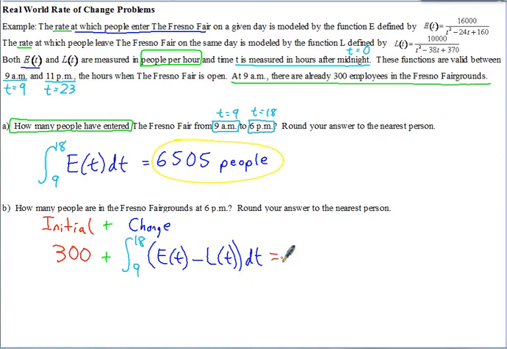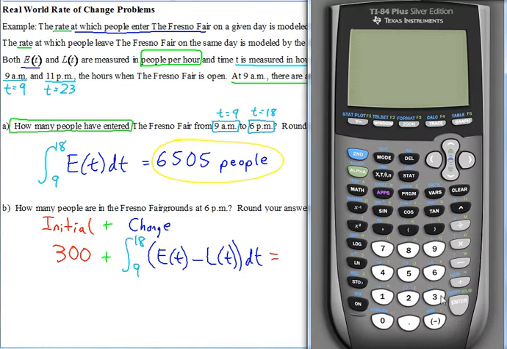So let's go ahead and work this out on both of our calculators. Again, I'll use the 84 first. So, oops. There we can go 300 plus math, number 9, function integrate. This time we want y1 minus y2 in our integral, E of t minus L of t, so y1 minus y2.